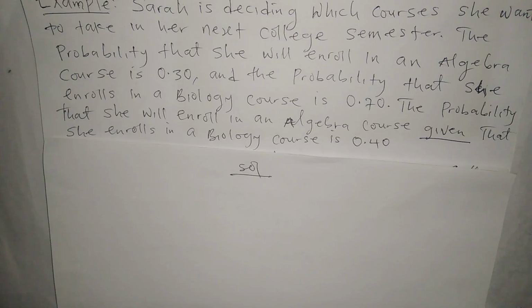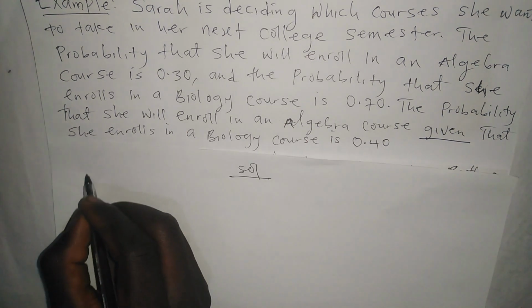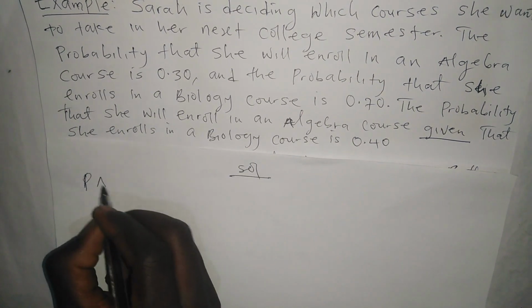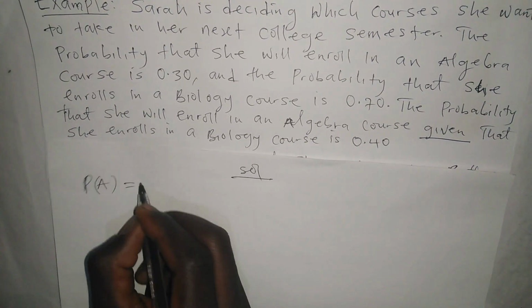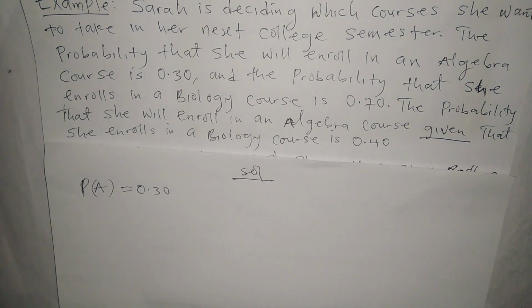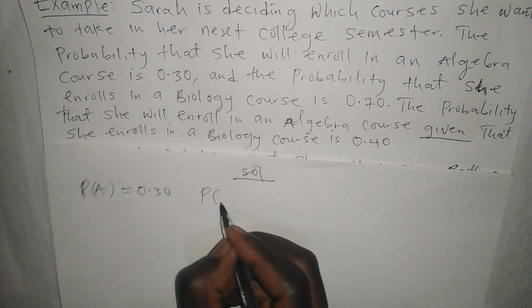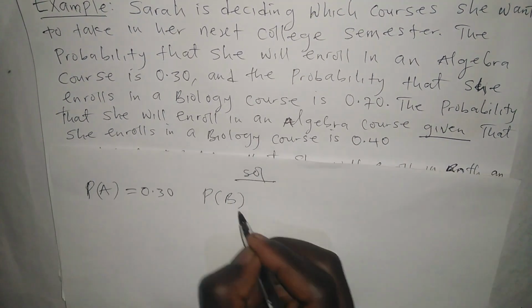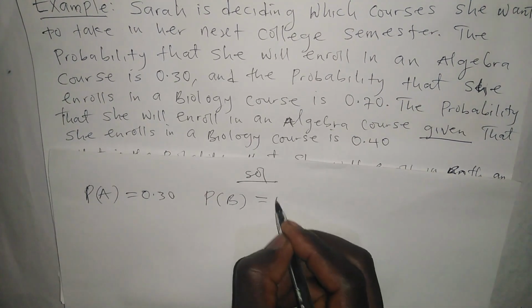Solution. Let's start by putting down the data we have from the question. The probability that she selects an algebra course, let's use A for algebra, P(A) is equal to 0.3. The probability that she enrolls in a biology course, let's use B for biology, P(B) is equal to 0.7.